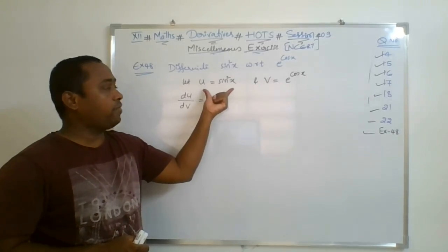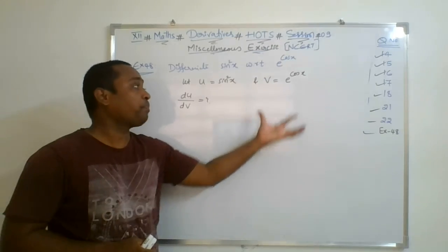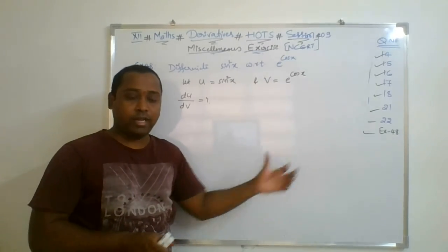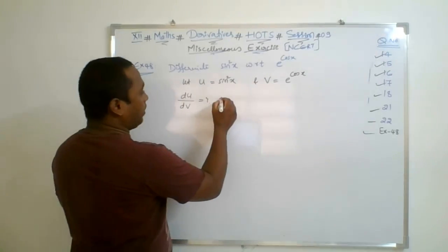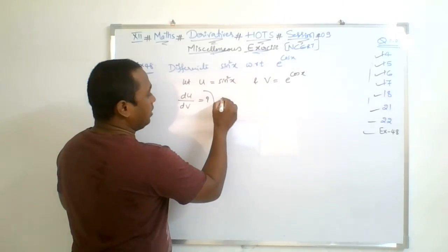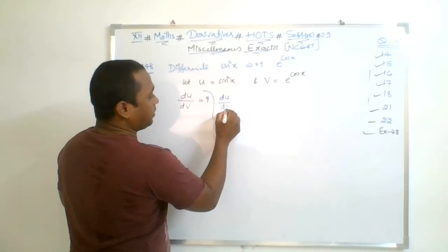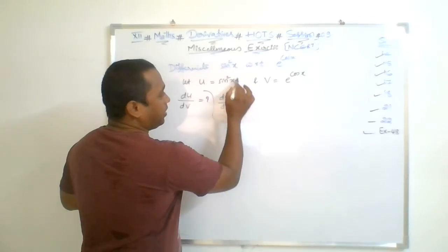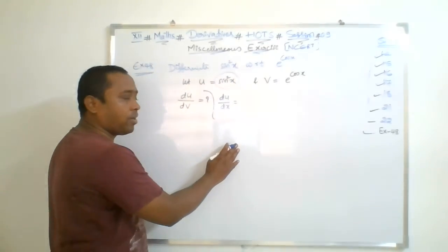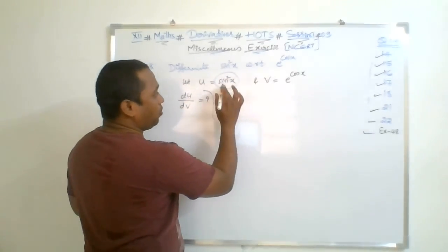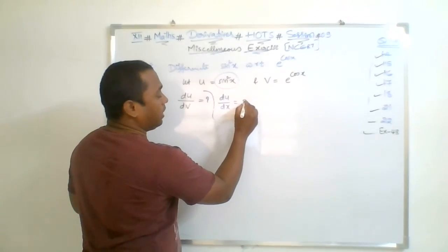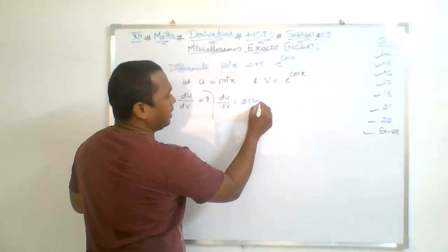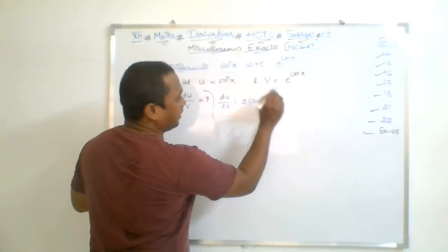So, do the derivative of this function with respect to x and here also with respect to x. So, you will be able to get du by dx, and just apply what we call the chain rule. So for sine squared x, we will get 2 sine x and the derivative of sine x is cos x.